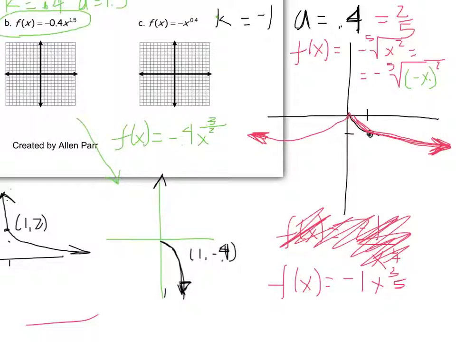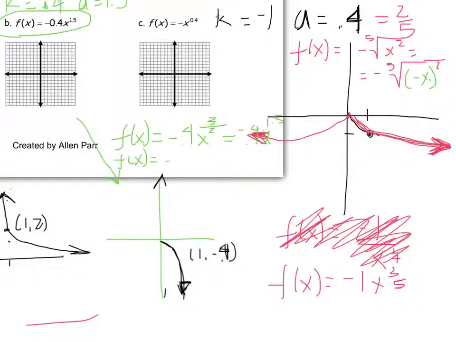Okay, it could be written this way. This is what letter C is. X to the 1.5. Okay, that was letter C.